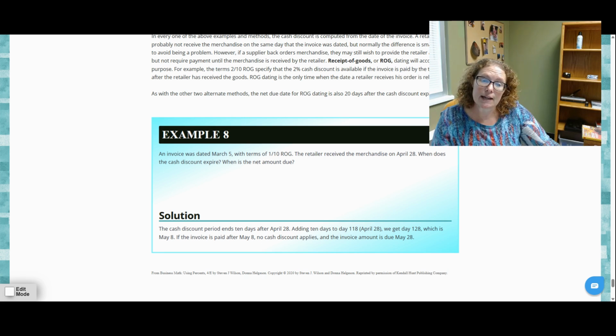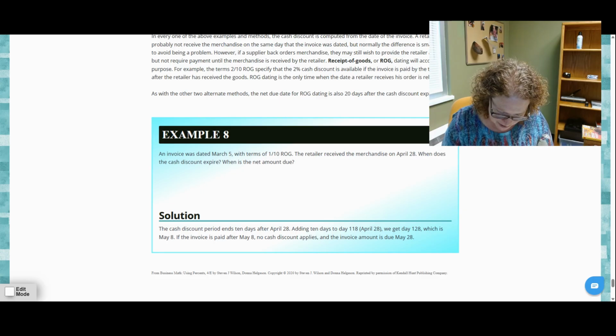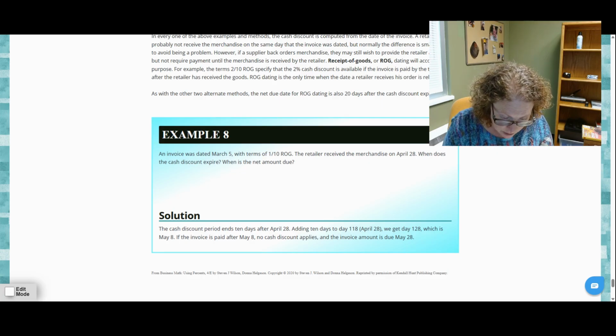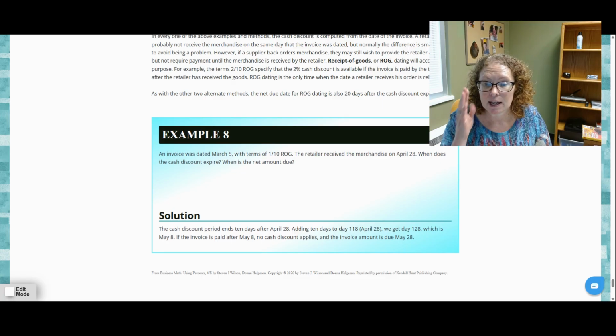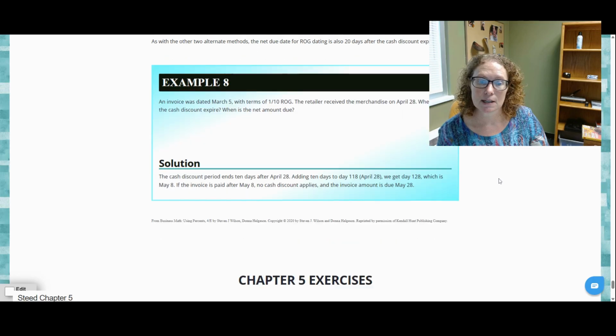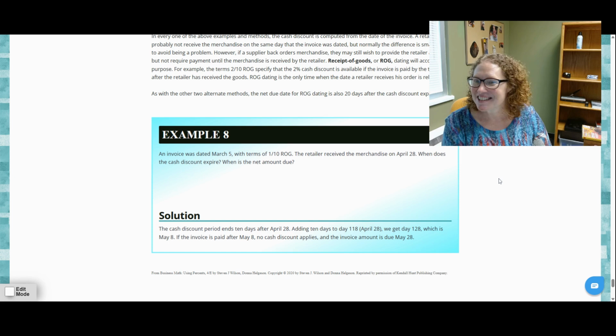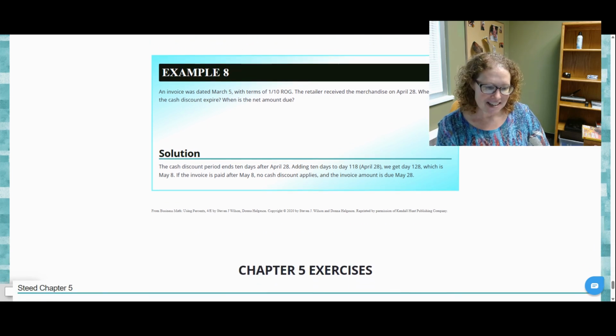So we add 10 days to 118, which is the amount on the table for April 28th, because we've added 10, so that's 128. And so we look on it, and that's May 8th. And if the invoice is paid after May 8th, no cash discount applies, and the invoice amount is due May 28th. So that's your chapter on these trade and cash discounts.